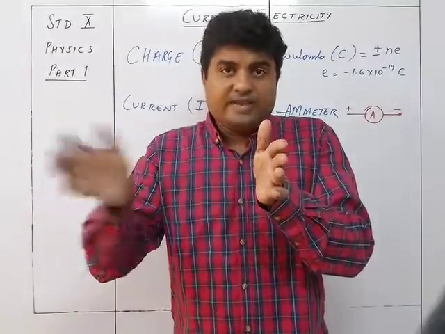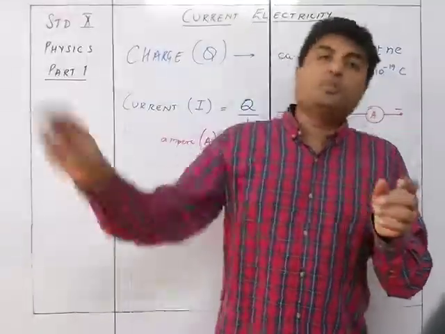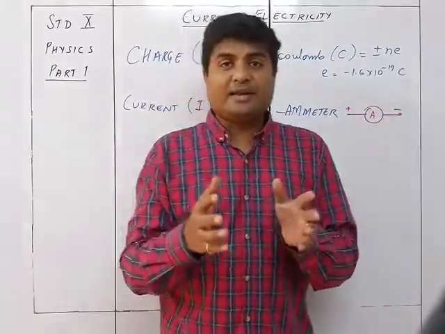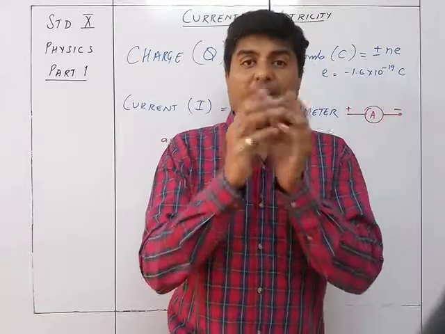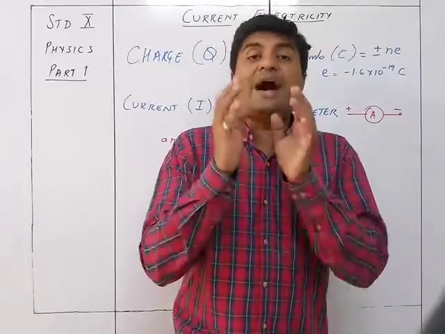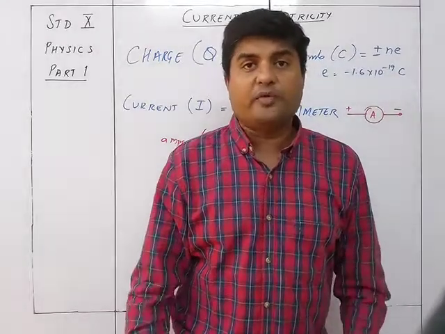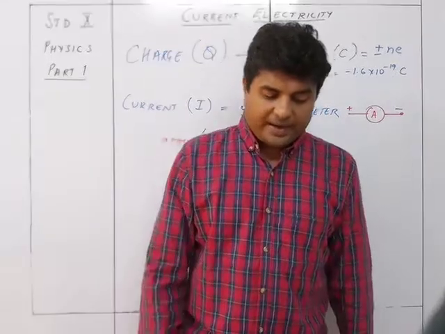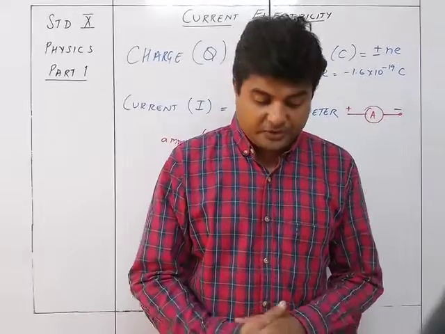In case of solid metals, it is the free electrons which move and allow the current to pass through. Whereas in case of the electrolyte, the substances which split up into ions, the ions travel and give conduction of current. So cations and anions are the moving charges which constitute the current.